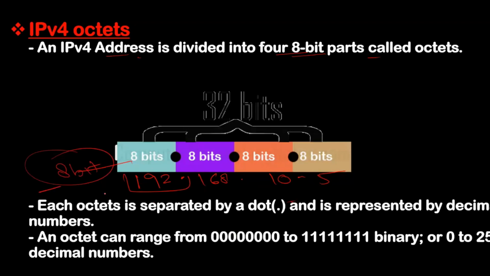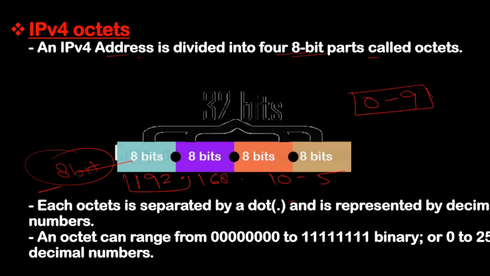So we can say this is an octet, because it is 8 bit. We have four octets in an IP version 4 address, and every octet is separated by a dot and represented in a decimal number. Decimal number means 0 to 9.